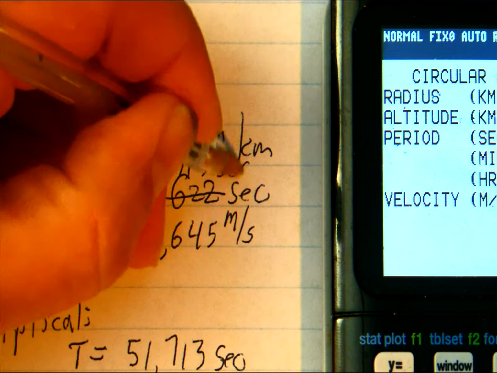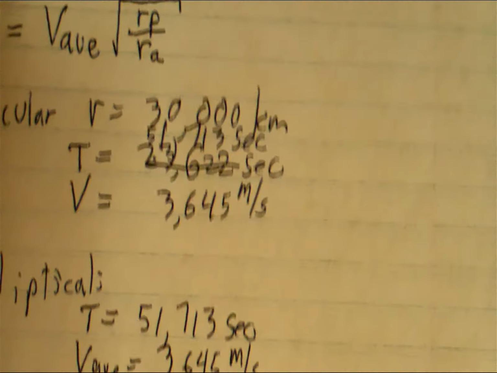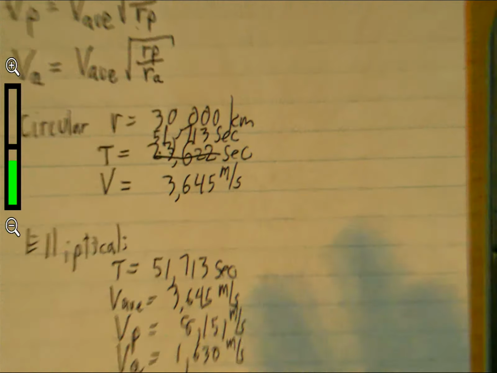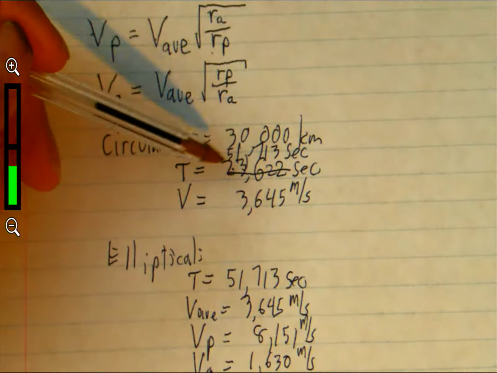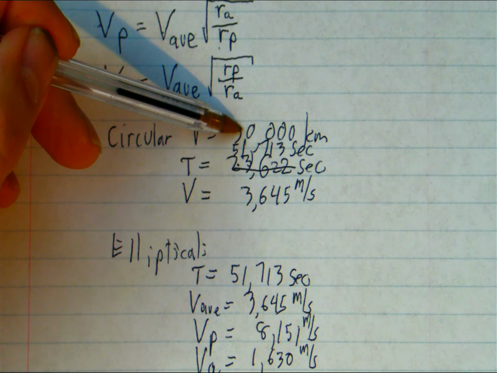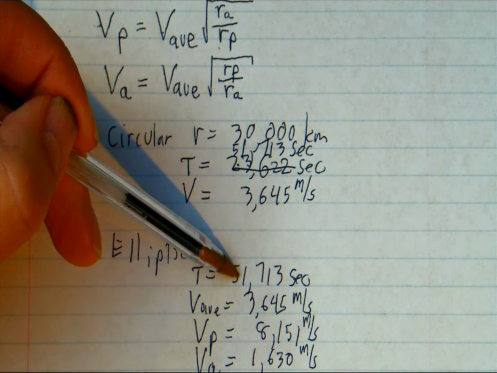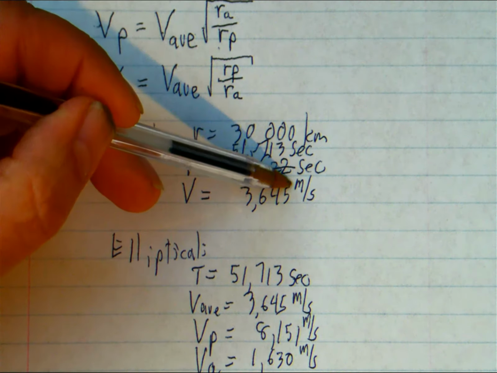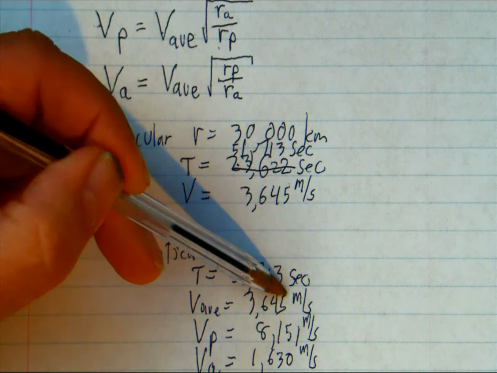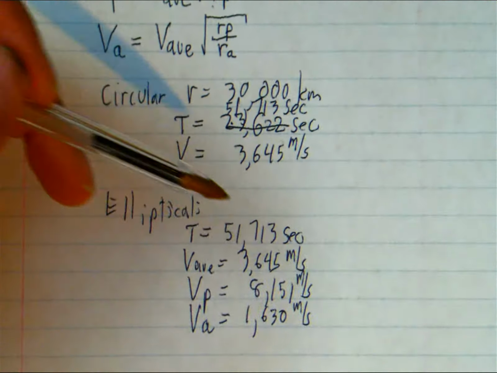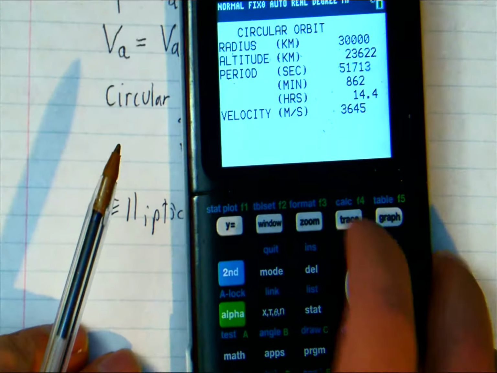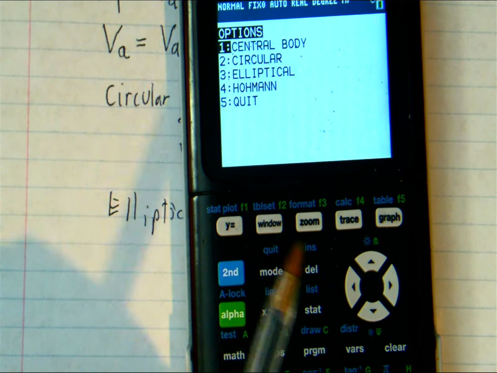And my claim is, oh, look, for the circular orbit, the period matches the elliptical orbit. The average velocity matches the average velocity. And now I'm going to get out of this. We don't need this anymore. Quit.